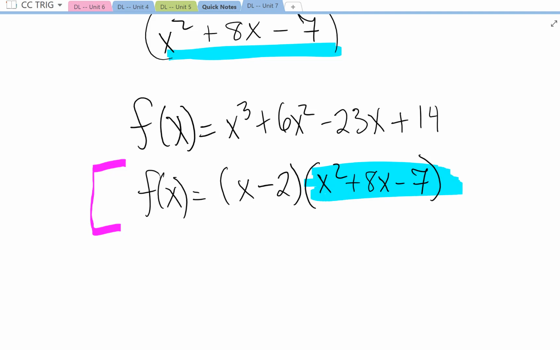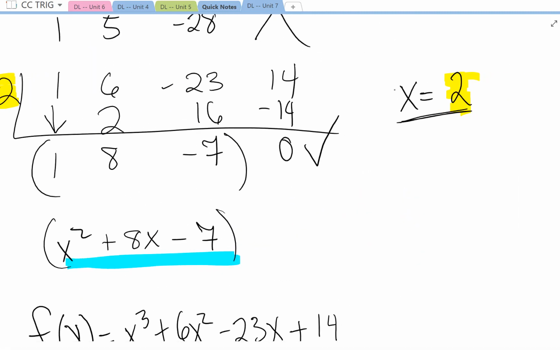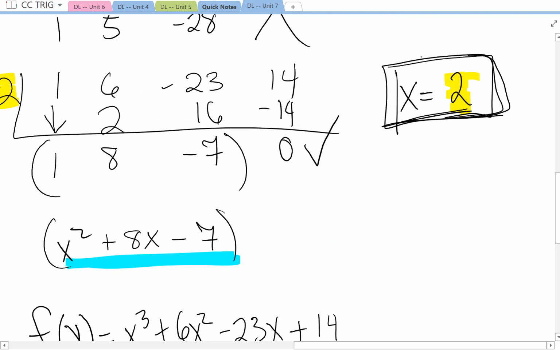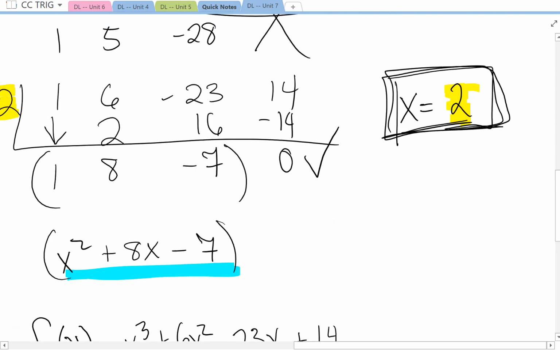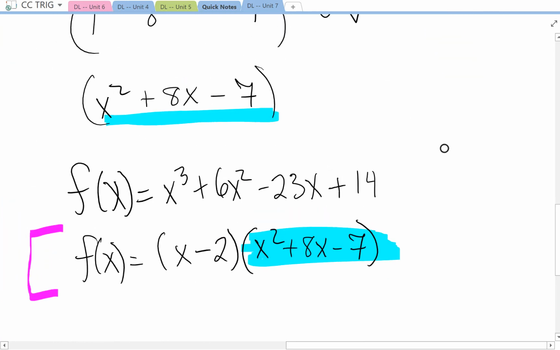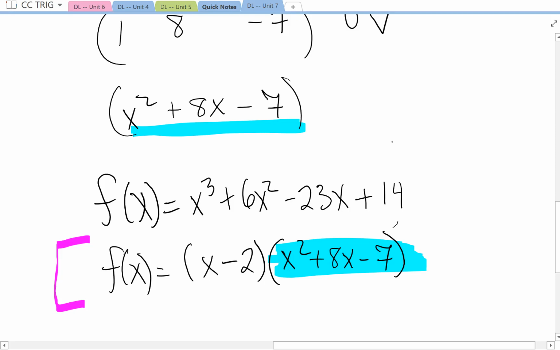It's still going to give us zeros, probably with the quadratic formula or completing the square, but those zeros will not be rational. So when you say x equals 2 is all the rational zeros that this polynomial has, that is true, because even though it has 2 other zeros, they are not rational, so you don't have to find them. Not in this lesson.